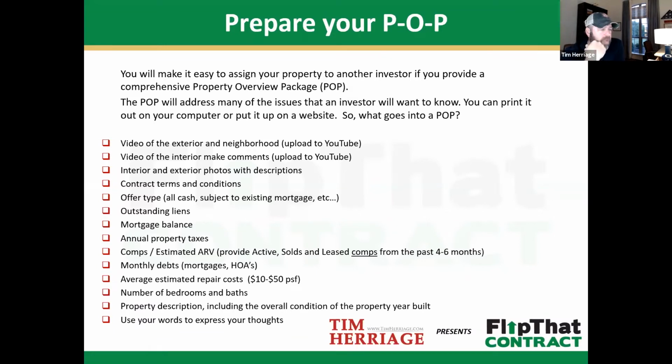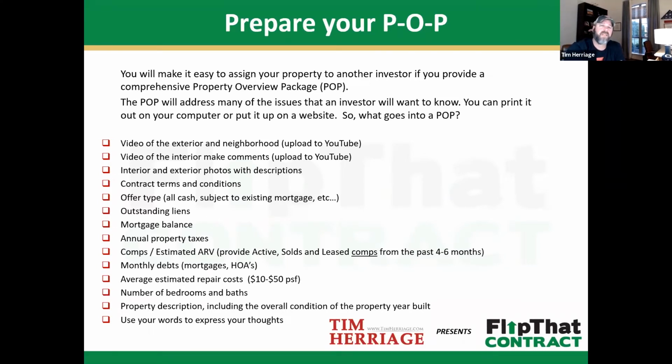You're going to include the numbers: bedrooms, bathrooms, year built, overall condition, square footage. If there is a garage, include the garage. If there's not a garage, tell them there's a carport. If there's no garage or carport, annotate that. If there's a garage that was converted, then when you look at all of your comps, the typical 2-car garage in America is between 400 and 600 square feet.